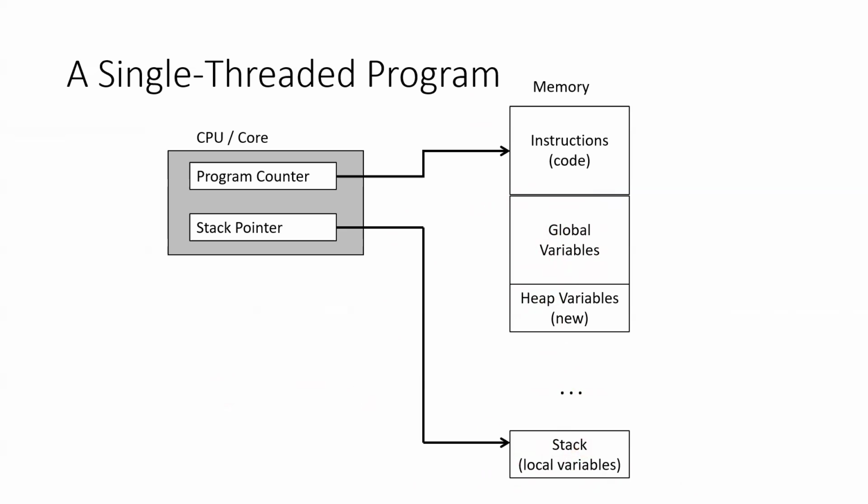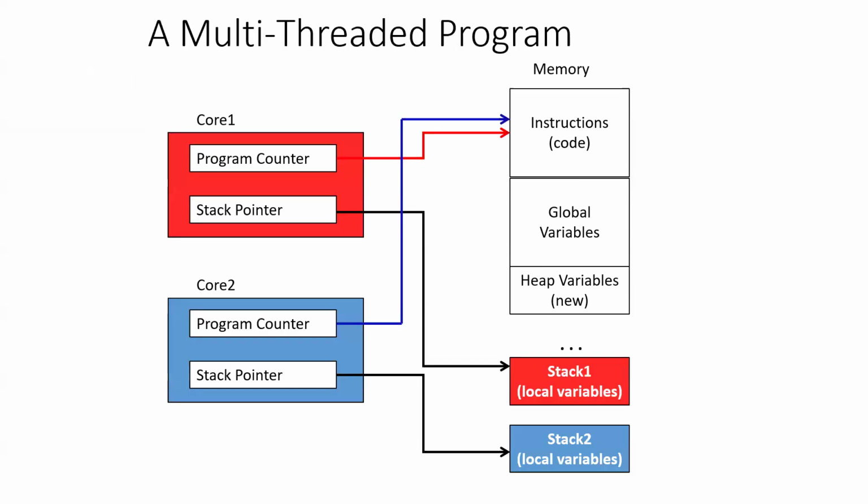Is it good for a single-threaded program? You should already be very familiar with this. A multi-threaded program has 2 cores. Each of the cores also has its own program counter that can point to somewhere in the shared instruction memory.